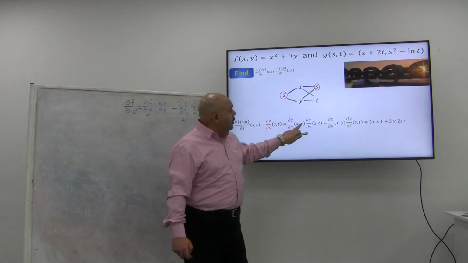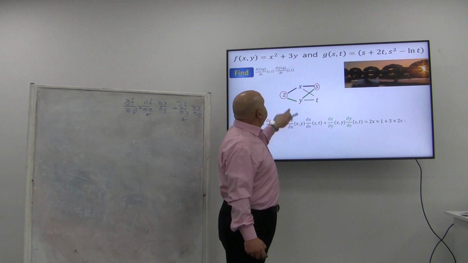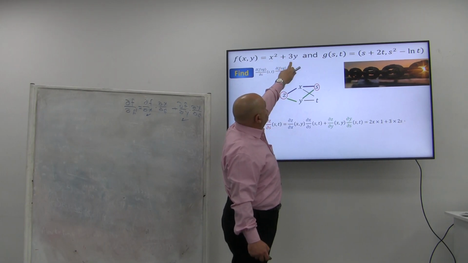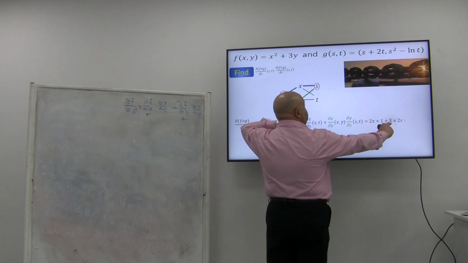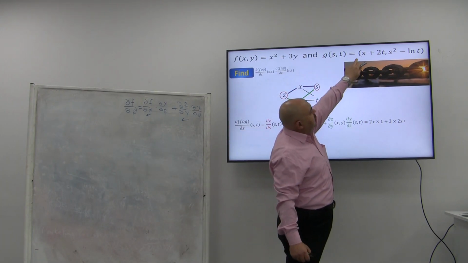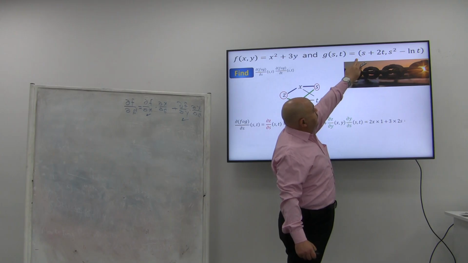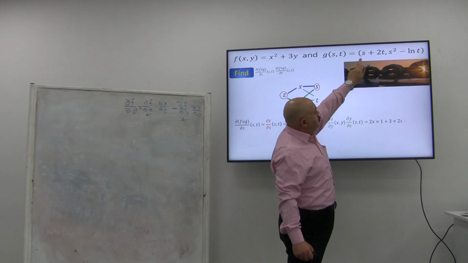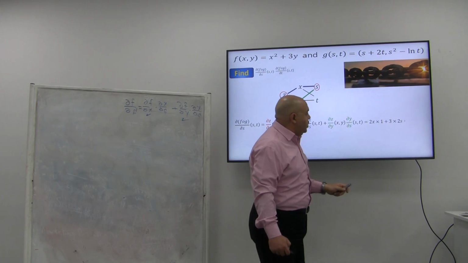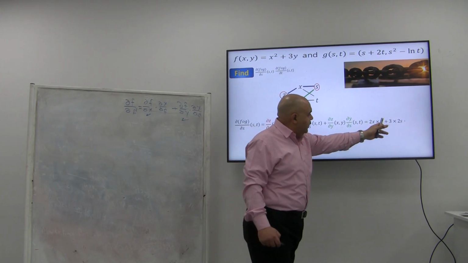Here we go. The derivative of f with respect to x is going to be 2x. Derivative of f with respect to y is going to be 3. Here is the 2x, here is the 3. Differentiation of x with respect to s is going to equal 1. Okay, and the differentiation with respect to s for the y component is going to be 2s, exactly like this.